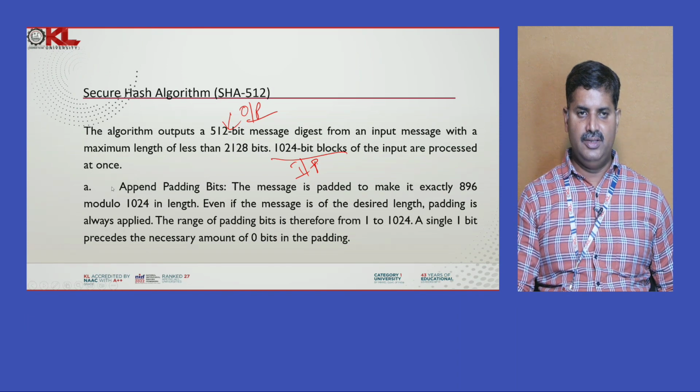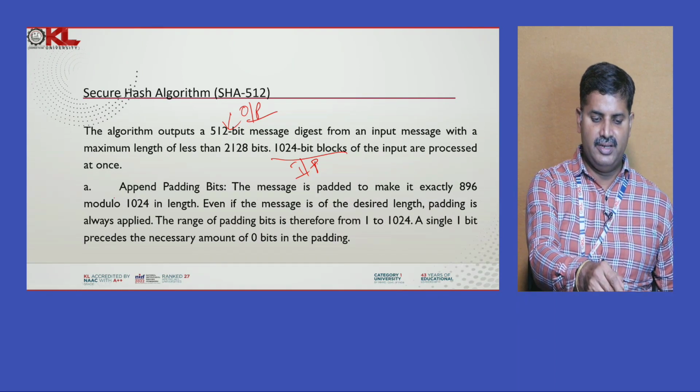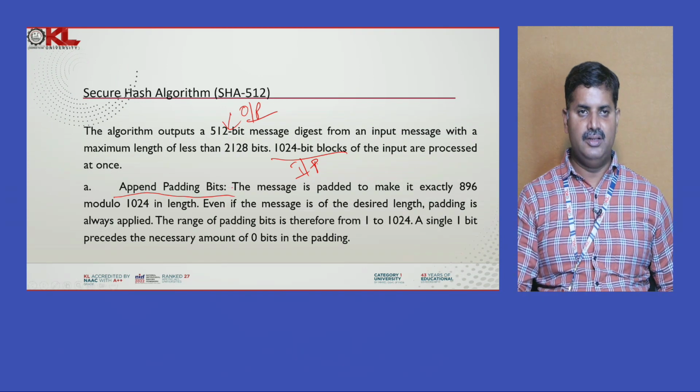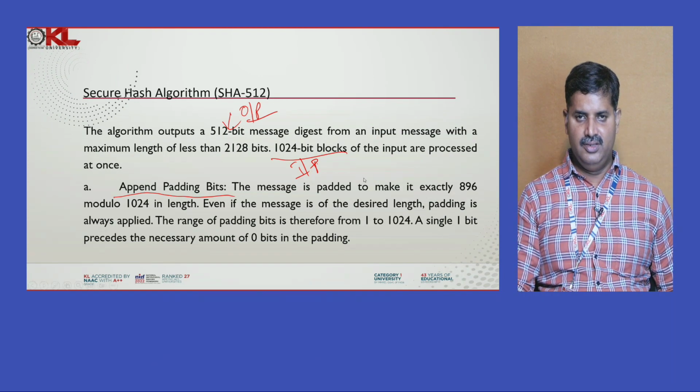Here the input can be of any size, and we also discuss appending the padding bits in the secure hash algorithm, because in order to digest a message of variable length, appending padding bits plays a major role.